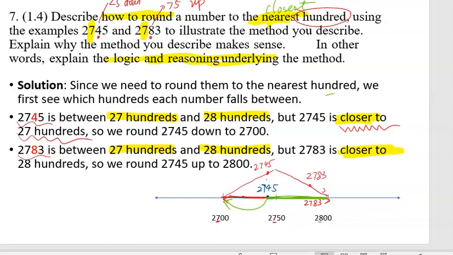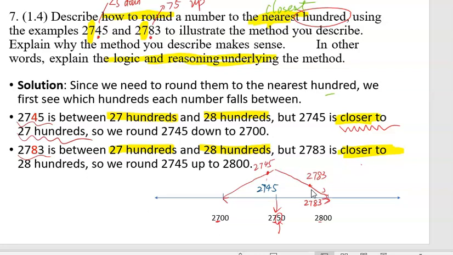I also found the middle point, which is right here, and it's labeled 2750.